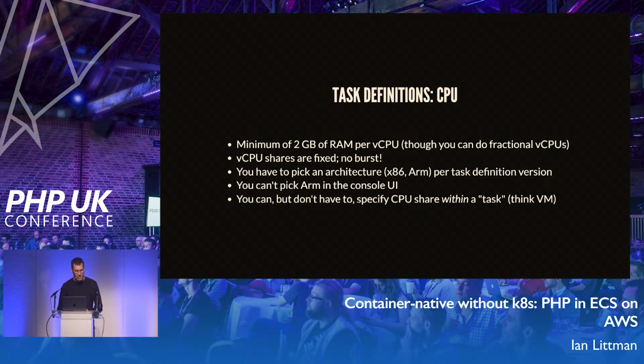Now let's talk about CPU. Unlike, say, Lambda or your T2, T3, T4 instances, if you look into Fargate in particular and look at the CPU increments that it allows, which I think it allows up to like 4 or 8 cores and between half a gig and 30 gigs of RAM.